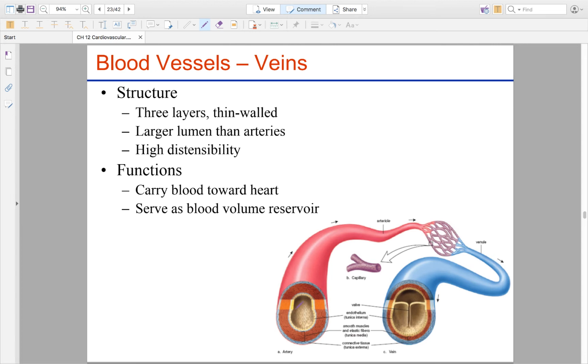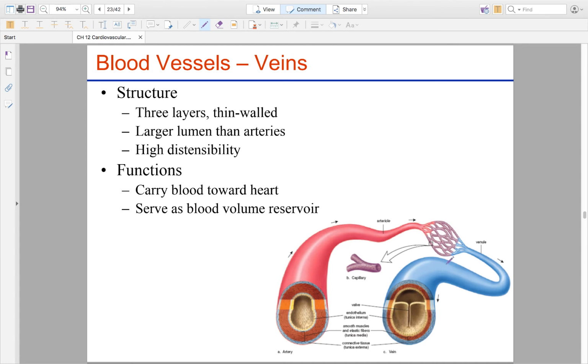Veins are interesting in the sense that they have a big job. Okay, so remember, arteries carry blood away from the heart, and they carry oxygenated blood towards the body, and they will connect to the capillary network, where capillaries will exchange material with the cells of the body.